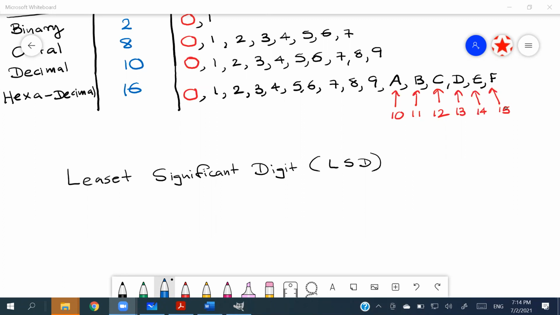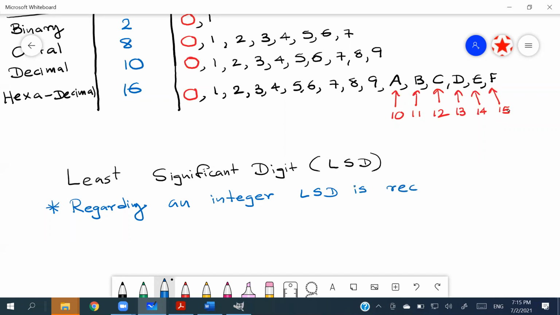So people, regarding an integer, LSD is recognized as the rightmost character.